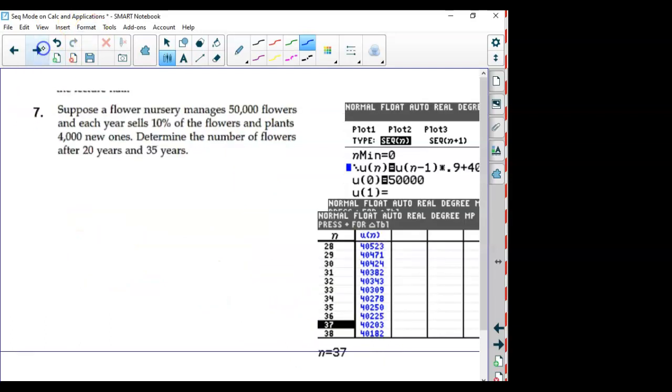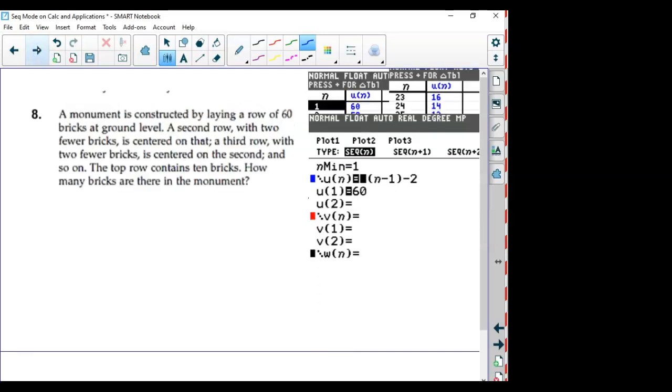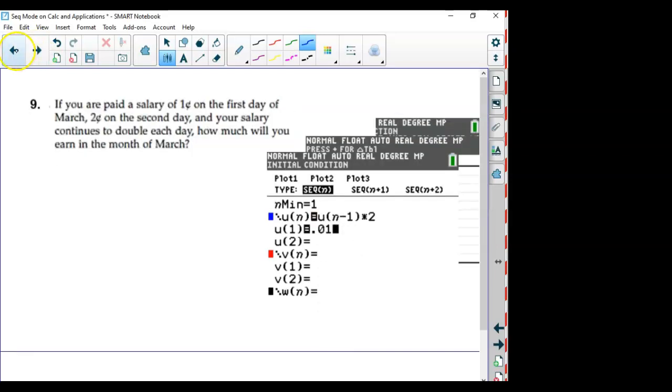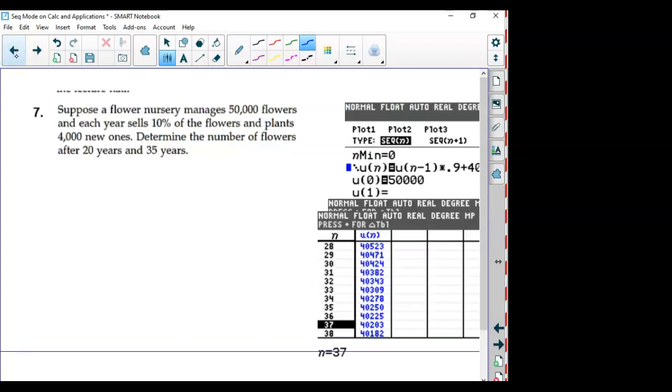All right, I think we have a couple left, and I really like number 9, but we'll do this one quick because this is an example again that is neither arithmetic nor geometric. Suppose a flower nursery manages 50,000 plants and each year they sell 10% and then they plant 4,000 new ones.